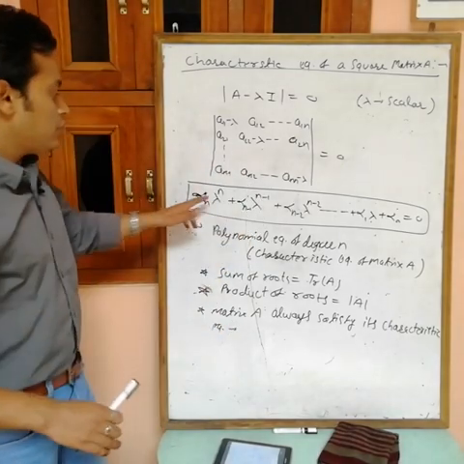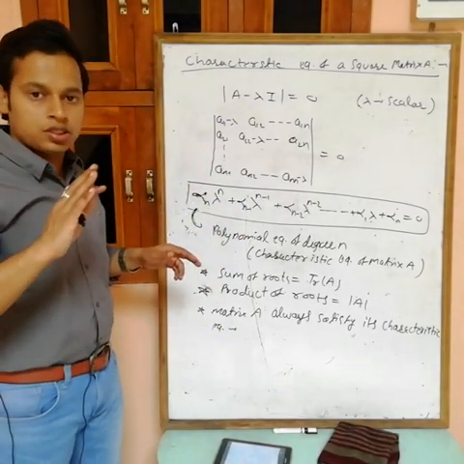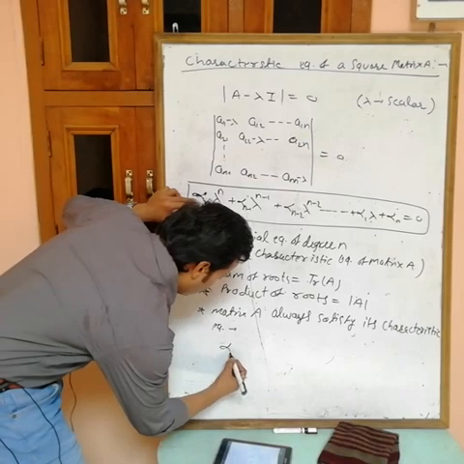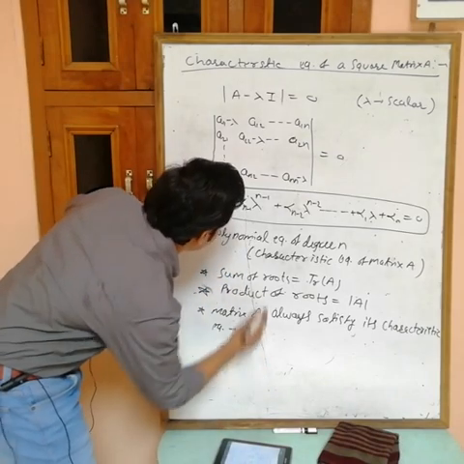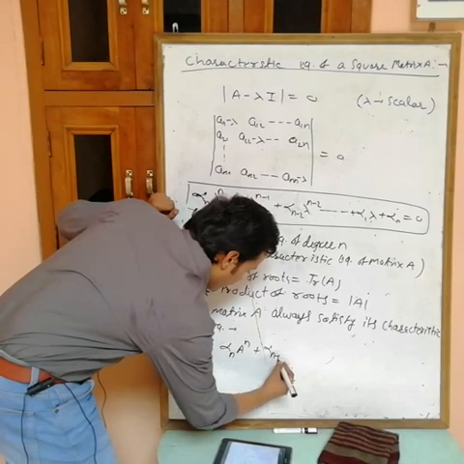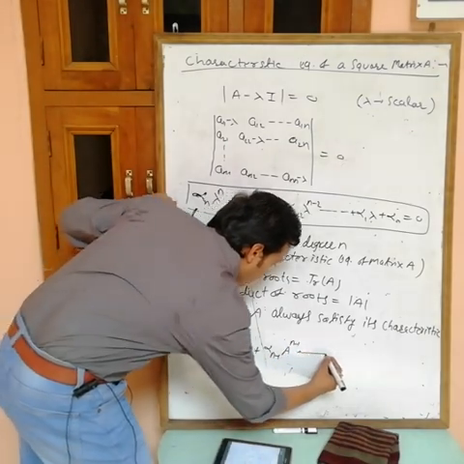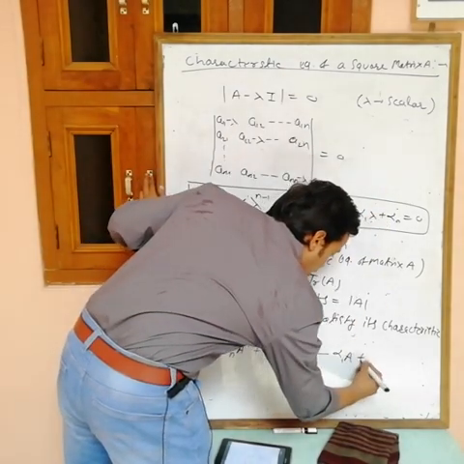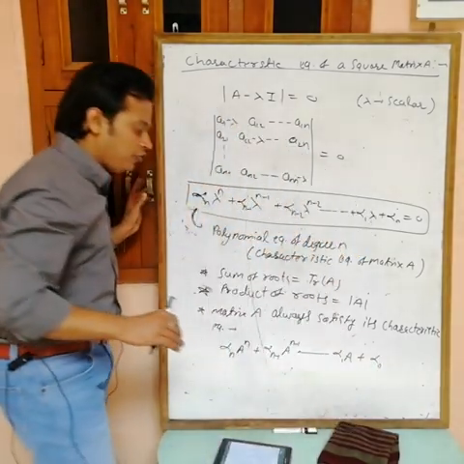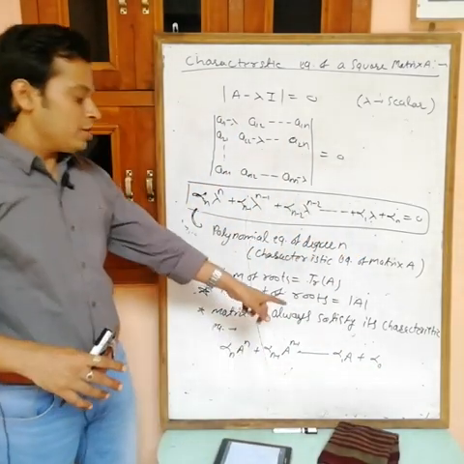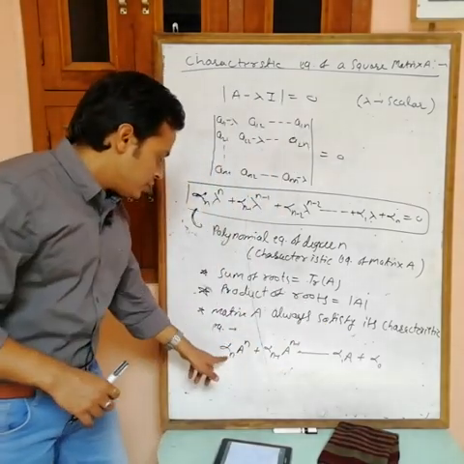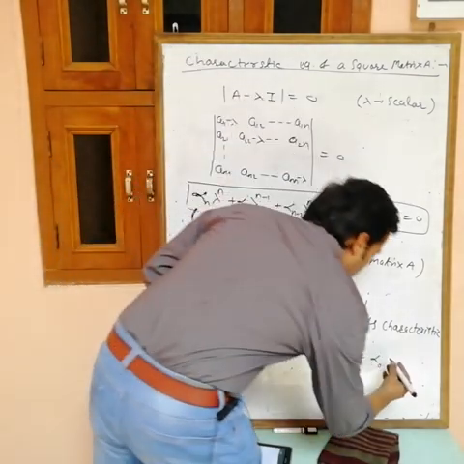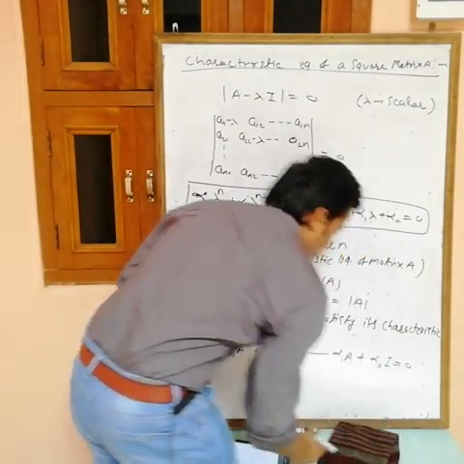It means you can replace lambda with A. If you replace lambda with A, then we get alpha n A power n plus alpha n minus 1 A power n minus 1, like this, and at the end alpha 1 A plus alpha 0. Now if you are putting a matrix in the characteristic equation, you can't write only alpha 0, because all these terms are matrices and this is only a constant value. So always write this as alpha 0 into I equals to 0.